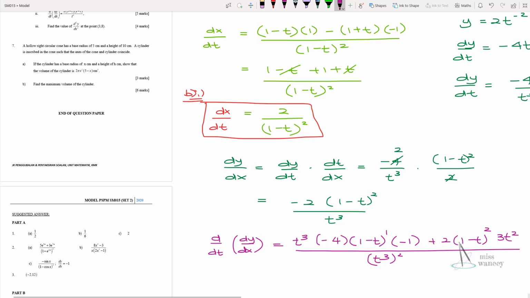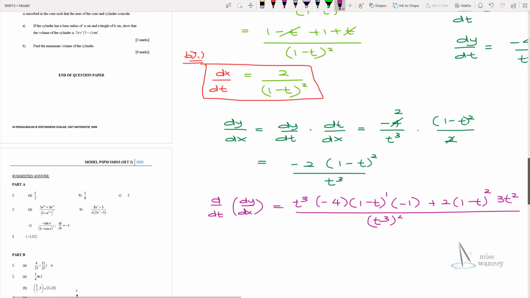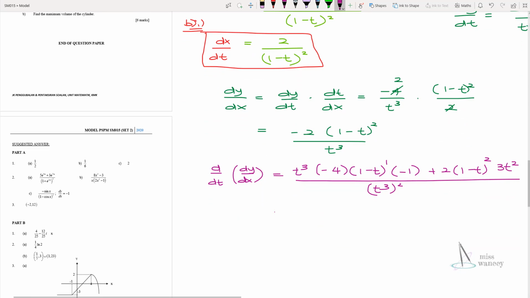Okay, so let me simplify this a little bit. If I do see something in common, I'm going to factorize out the term. So I do see 1 minus t here as well as here. So I'm going to factorize 1 minus t. And then I do have something in common other than that.